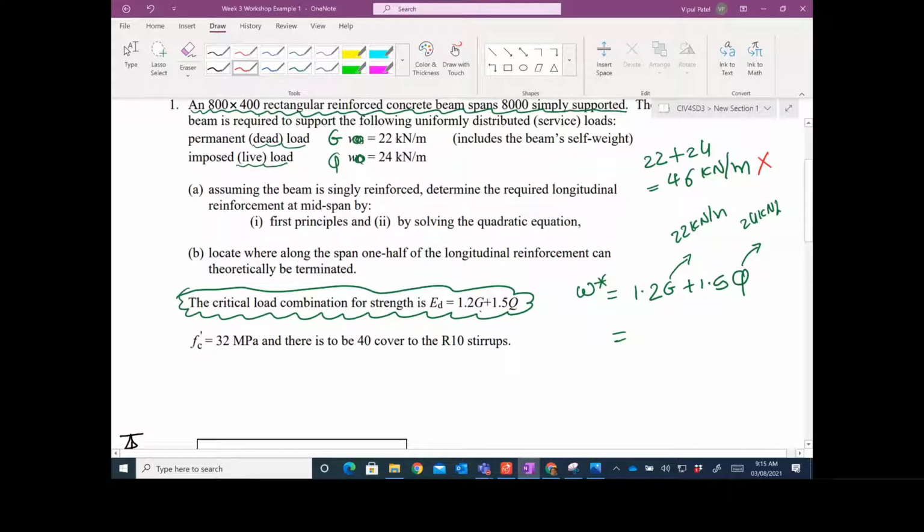So any suggestion why we used 1.2 and 1.5? That comes here as well. I thought you already knew that one. Any wording? Why do we multiply 1.2 and 1.5? Why not 1.5 here and 1.5 here, or 1.2 here and 1.2 here? Why are there some variations? Any answers?